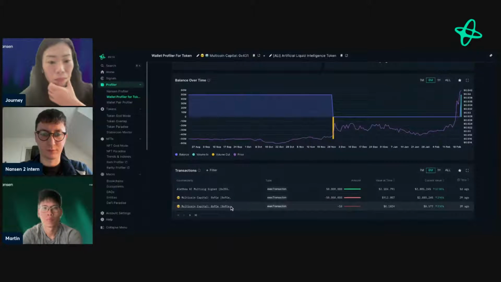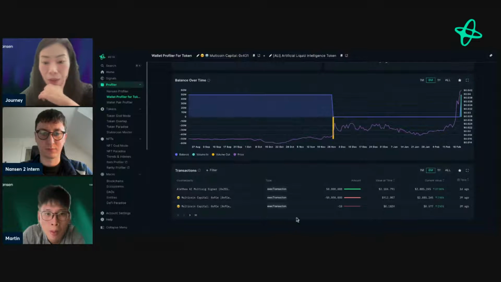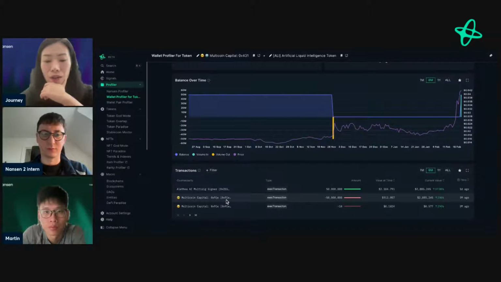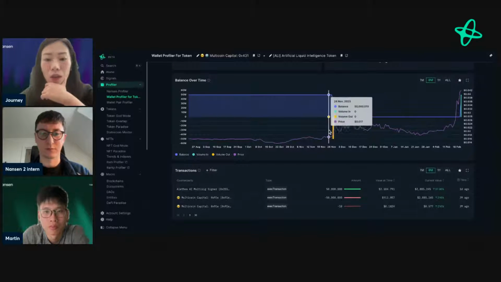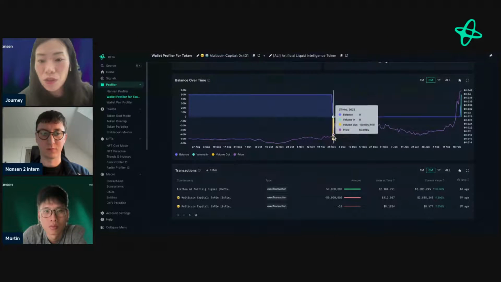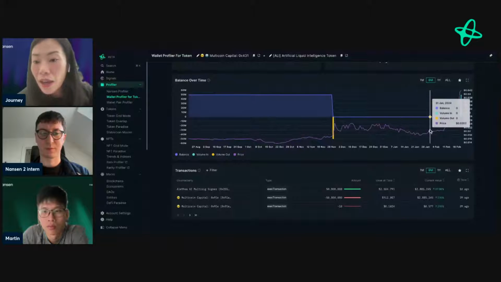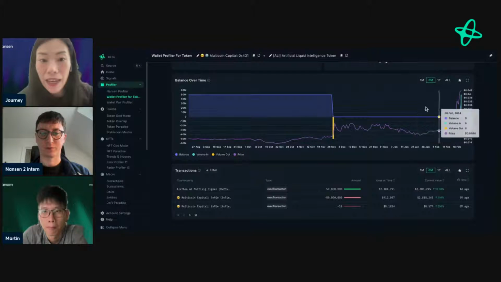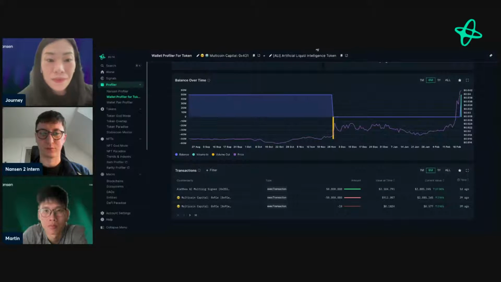We can see Multicoin Capital previously also received 50 million, and they transferred it to another address of theirs. So again, this is not a sell, it's just transferred to another address. And then, of course, they received again. So now we know there's this interesting AI coin that a lot of funds invested in early on, and now they're receiving some unlocks.